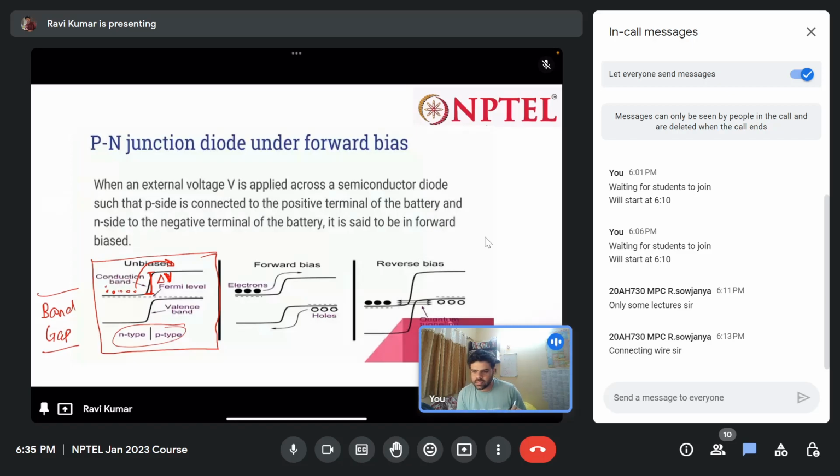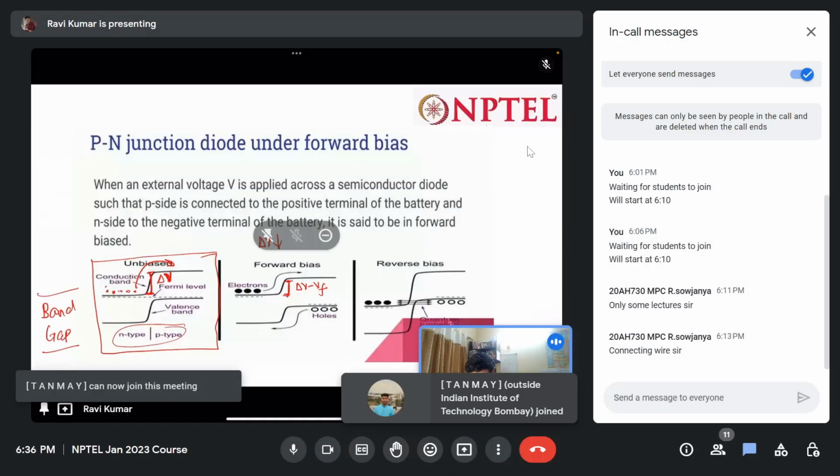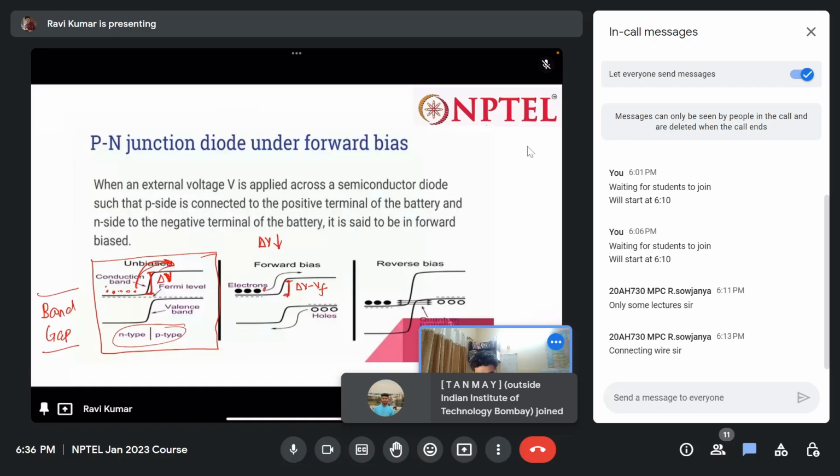So what happens in case of a forward bias? This delta V is decreased. Here you can see it is delta V minus Vf, forward bias. So this barrier has been decreased by forward biasing. This jumping of electrons, which was impossible before, now these electrons can jump easily.